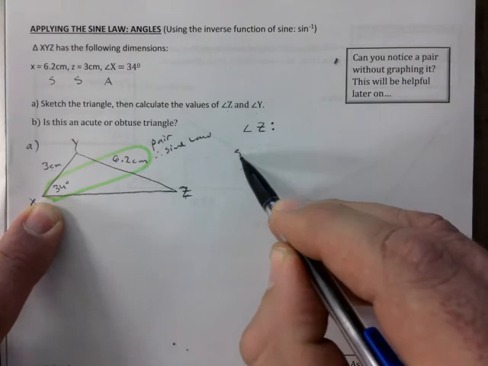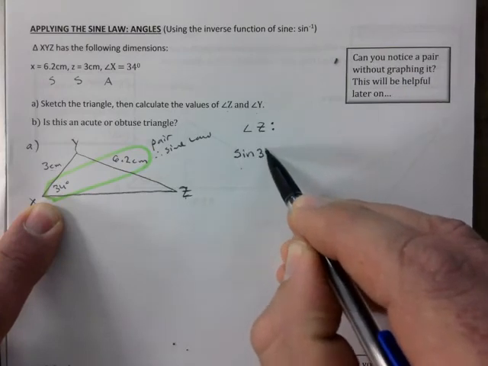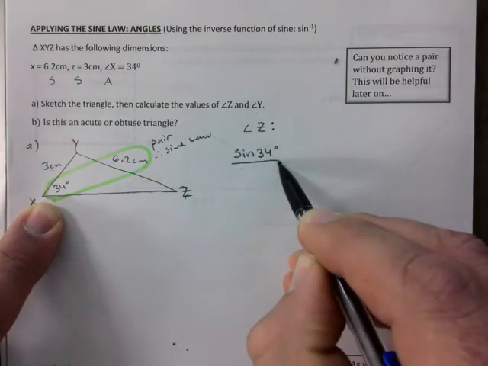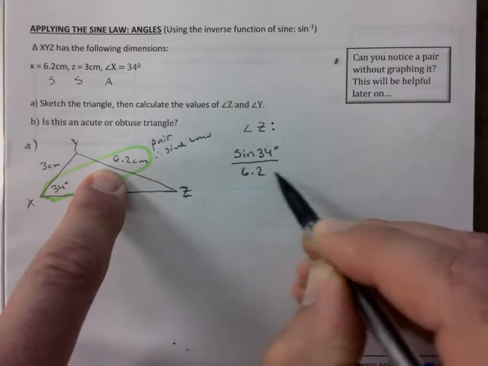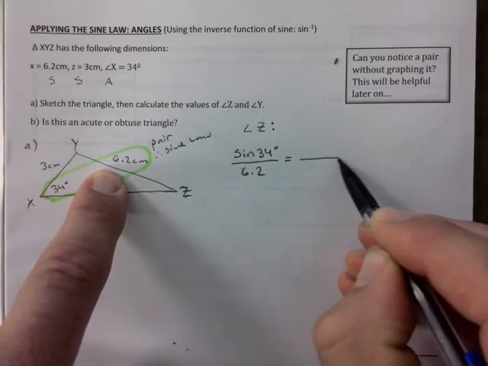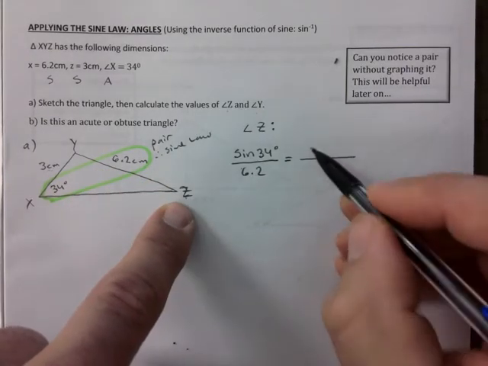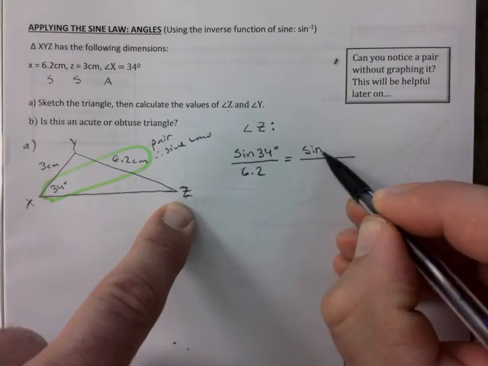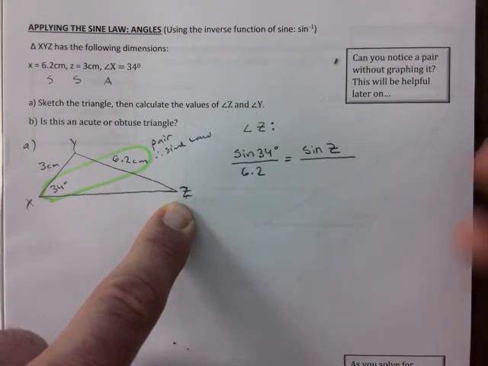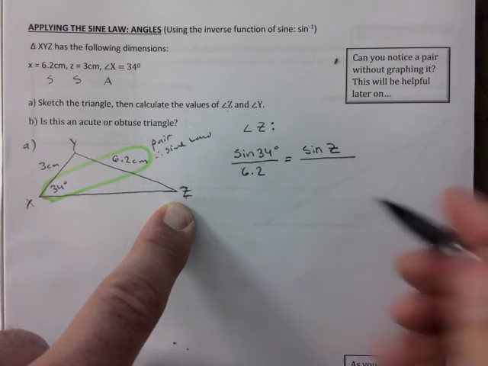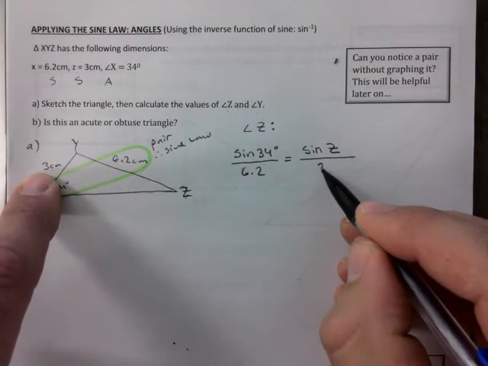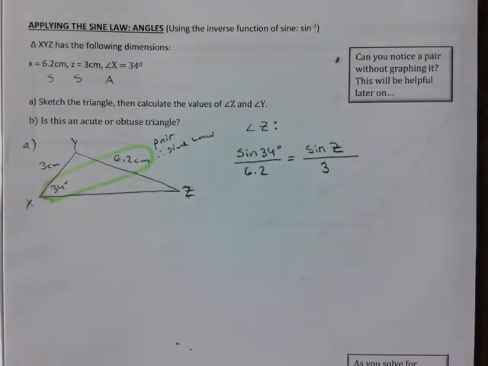So we start the exact same way as before. We start with our pair. And then put them like that. And on the other side, we're going to have sine of what? Sine of Z, right? You don't have an angle, so you put a letter in there. Over 3. And notice that I don't put the units down at the bottom.